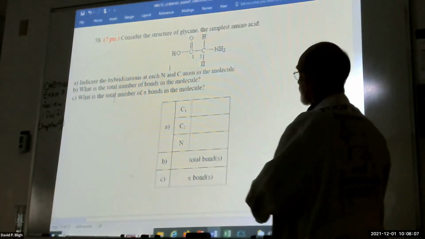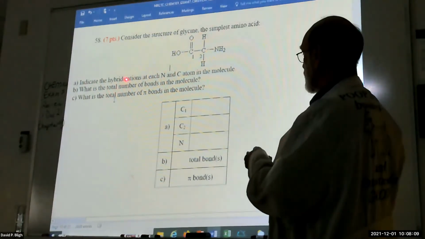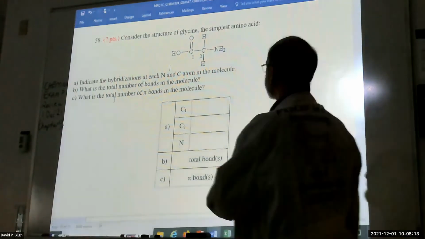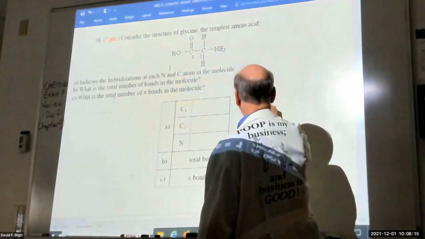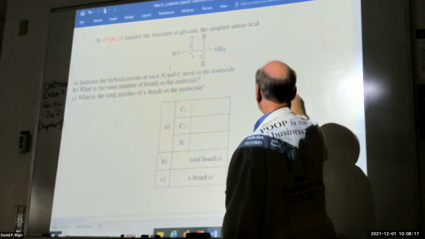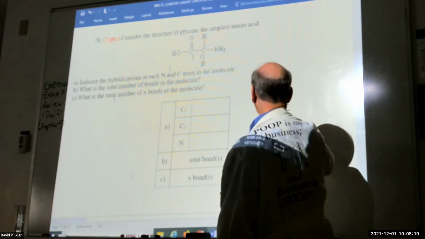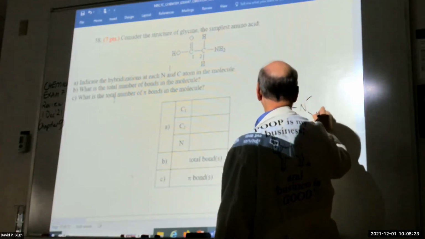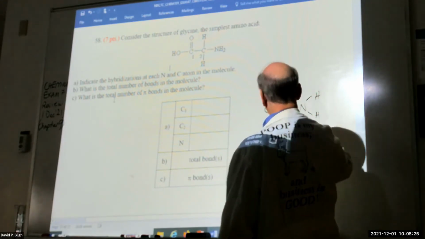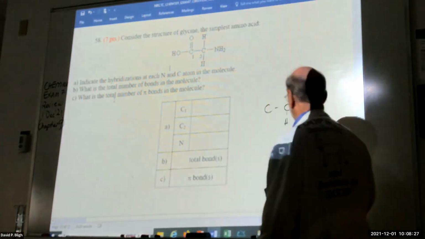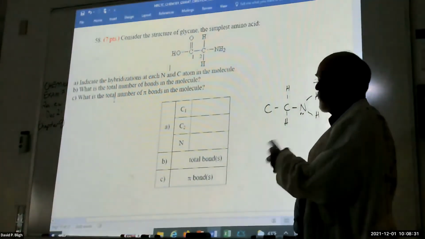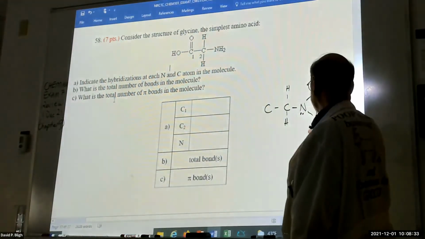Okay, so let's get back to the topic. Indicate the hybridization at each nitrogen and carbon atom. All right, let's draw it out over here. Carbon, carbon. That's got to have a lone pair there to make an octet. You can draw the Lewis dot structure and verify it.